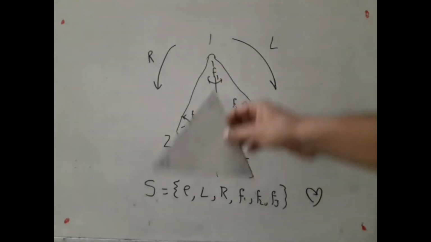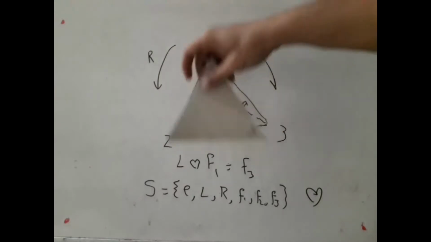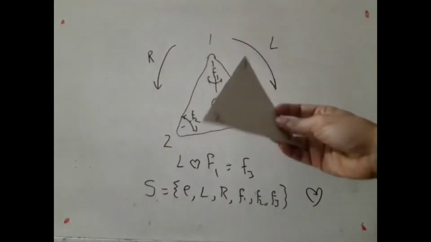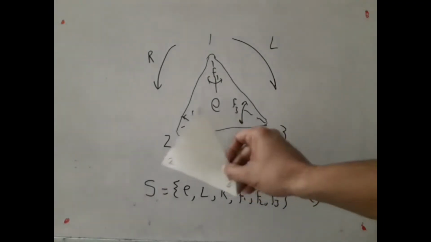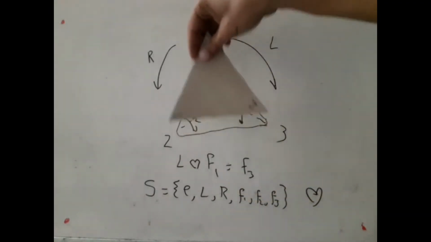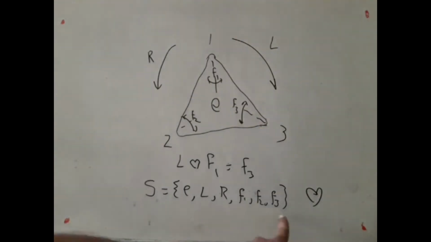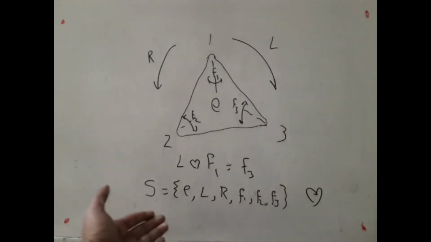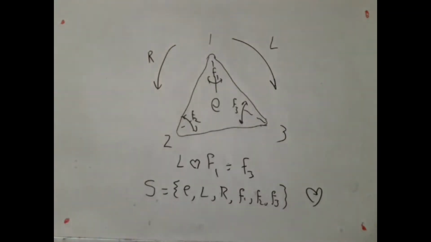Now, if I can place it back fitting on the frame after one move, and I follow it with another move which also keeps it fitted into the frame, then they together will continue to keep the triangle fitted on the frame. So, I am sure that the final result must be one of these 6, because these are all the possible things that will allow the triangle to fit into its frame. So, closure is just obvious.